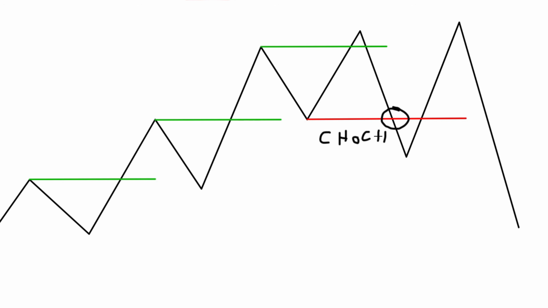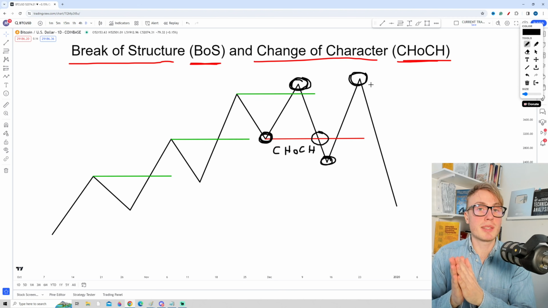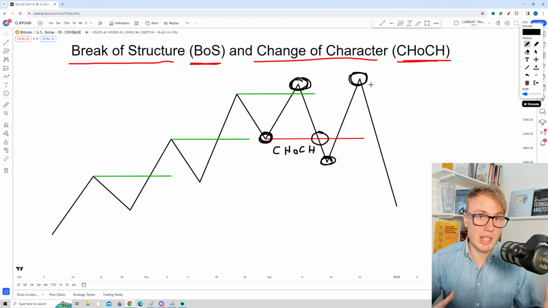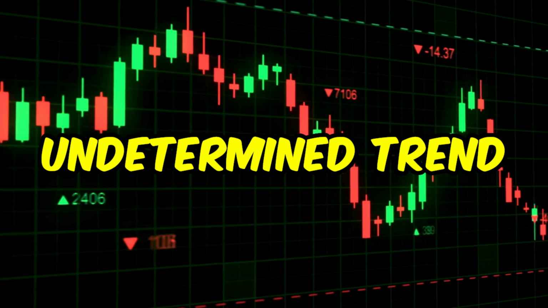Nothing has changed about this break because this one makes it so that we now have a low and then a lower low. However, at the same time, the price is now also printing one high right here and then a higher high. So now the price is printing both lower lows and higher highs. So right now the price is neither in an uptrend or downtrend. Right now the trend is undetermined.